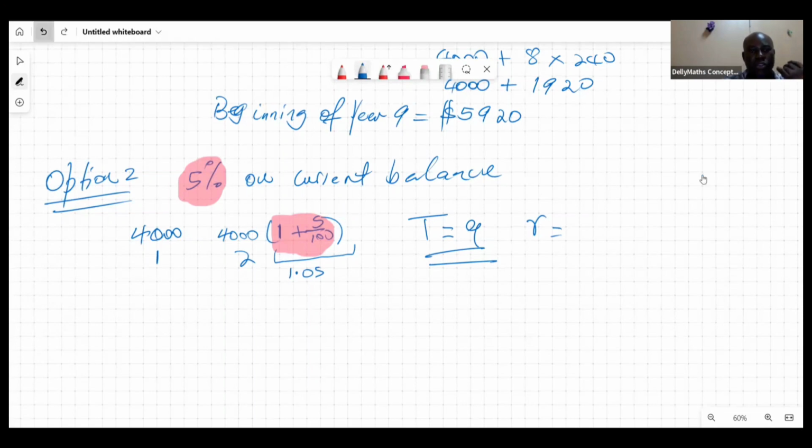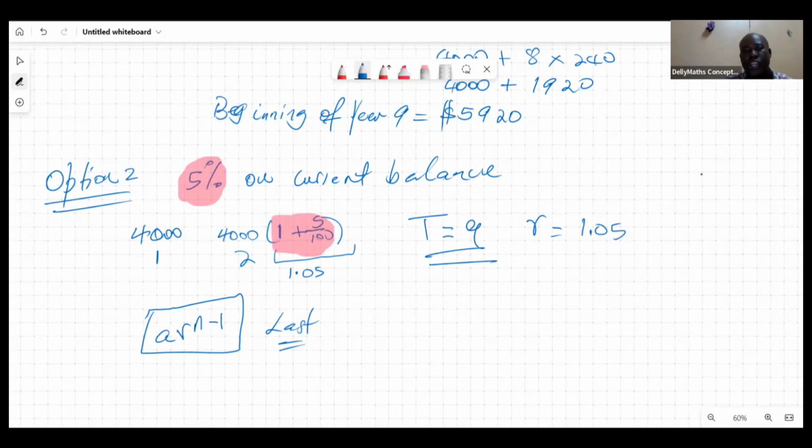And why so is because A R to the n minus 1 is the formula that leads us to that last term that you intend to find. R is the 1.05. This is what is changing the thing year by year.